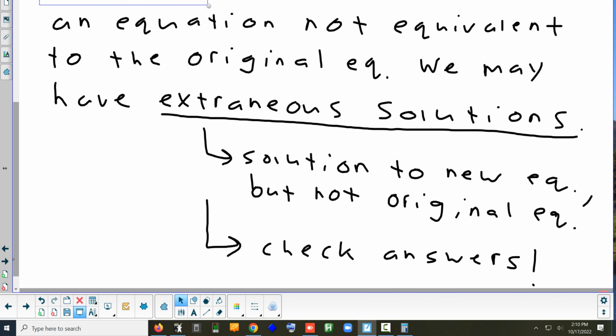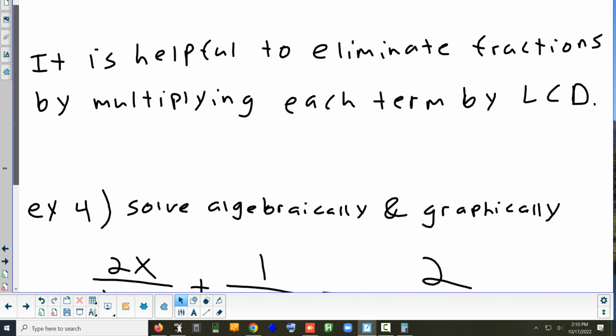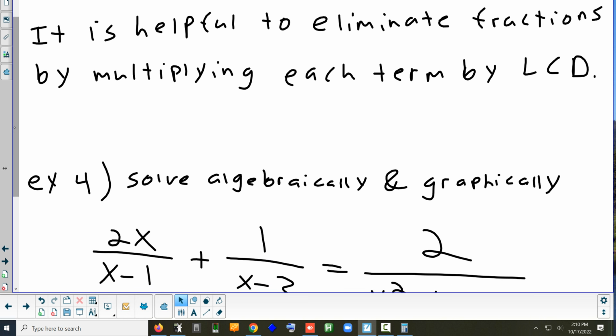And just about every problem that we do where you multiply both sides by a variable is going to end up being a quadratic equation. So specifically, what do you multiply each side by? The LCD. That's what you multiply by to get rid of all your fractions.